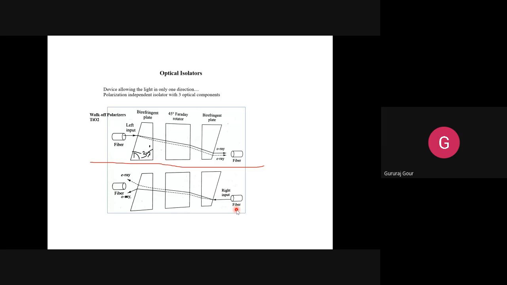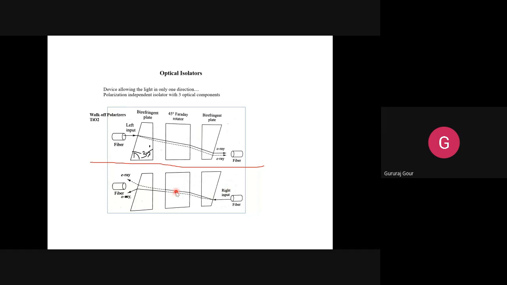So here we can see if you want to propagate or transmit the optical ray from right to left, again it will be converted into two rays. It is going to allow once again only those field components which are parallel to this edging. Then it will be crossing this Faraday rotator right to left.